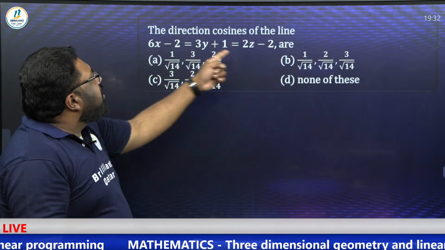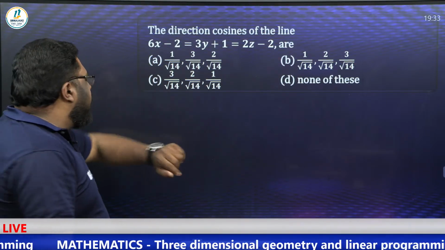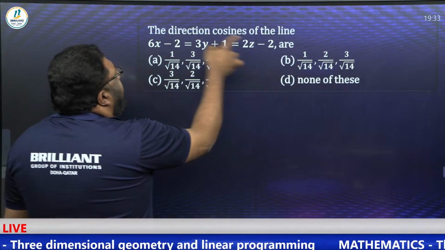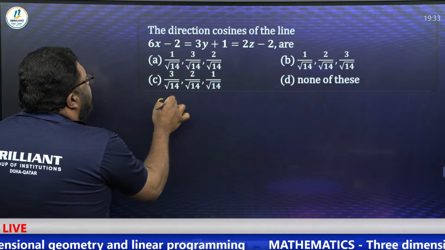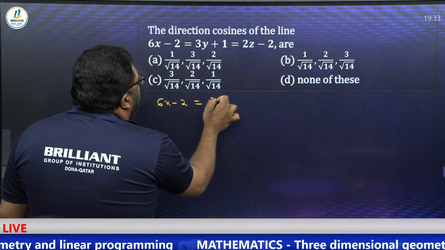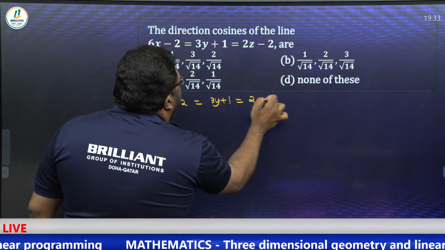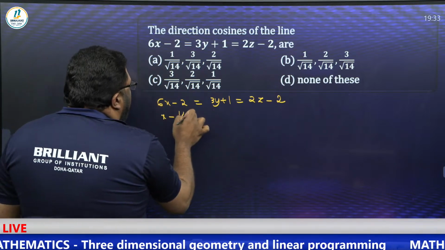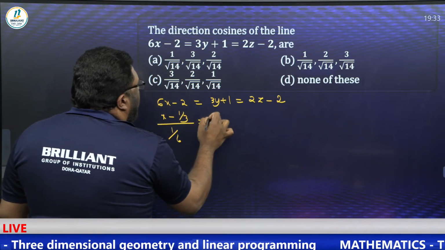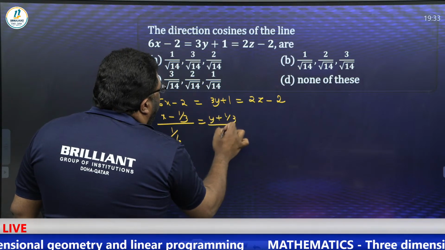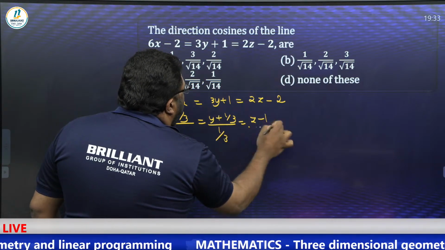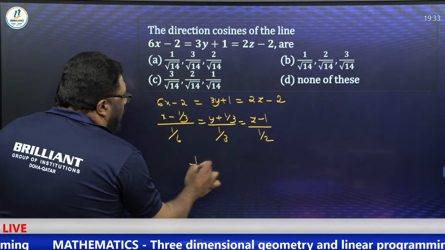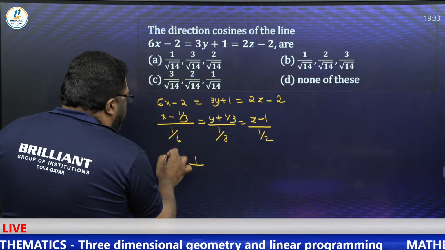Okay, direction cosines of this line. Come on, quick. 6x minus 2, 3y plus 1, 2z minus 2. So make it in standard form. x minus 1 by 3 over 1 by 6, y plus 1 by 3 over 1 by 3, z minus 1 over 1 by 2. I want the direction cosines of this. So it's going to be magnitude first.